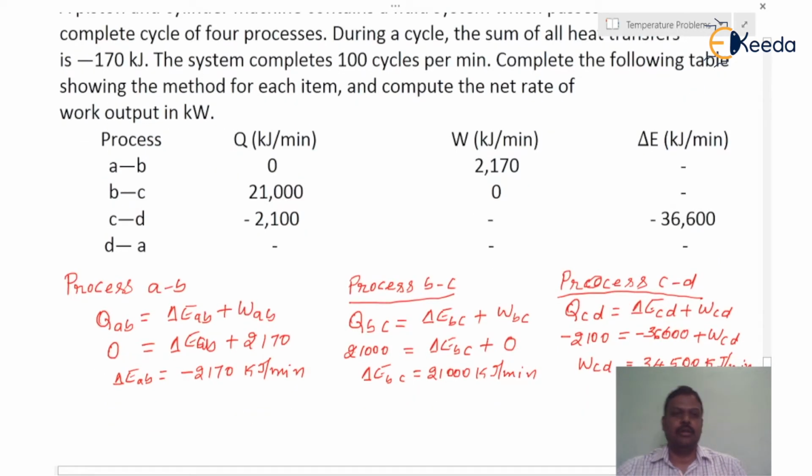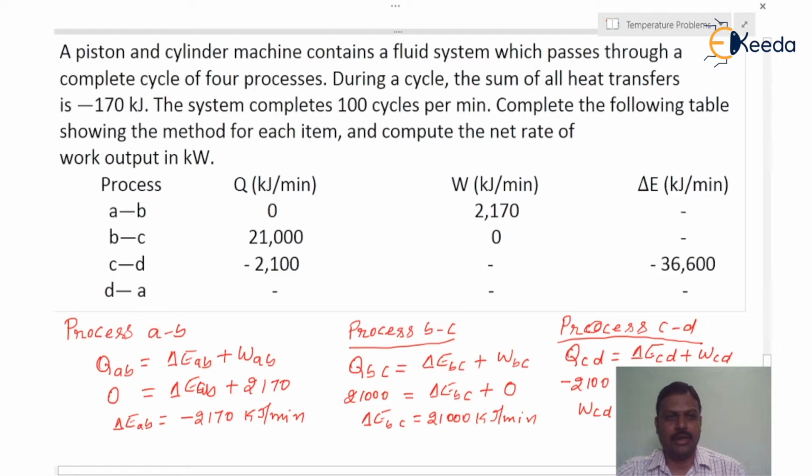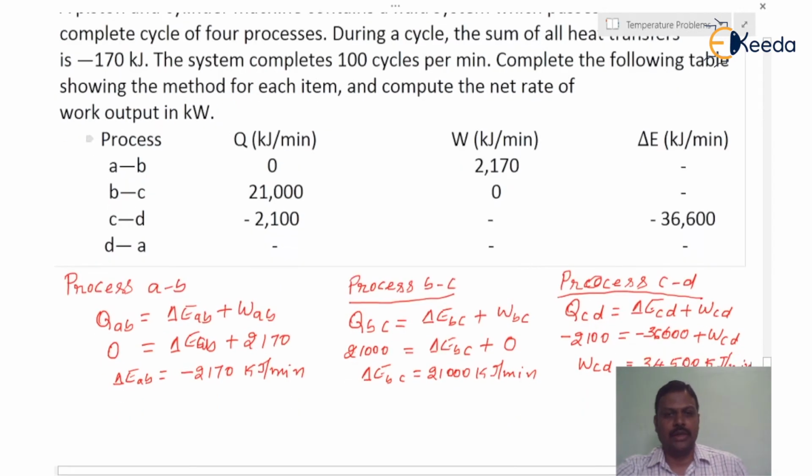So here in this process, the sum of all heat transfers is minus 170 kilojoules, and the system completes 100 cycles per minute. So the total heat transferred is minus 170 into 100 cycles per minute.